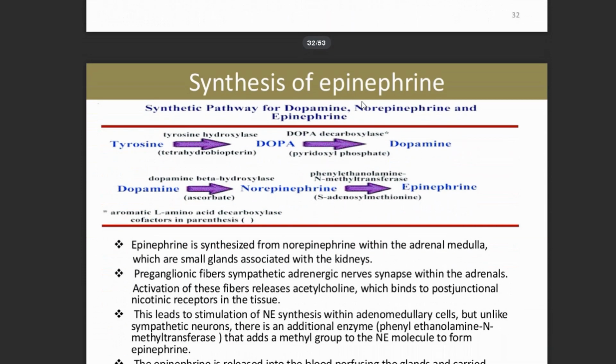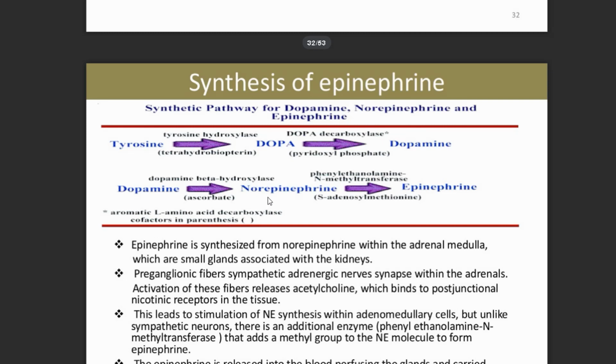Now, synthesis of epinephrine. Tyrosine is converted into dopa by the tyrosine hydroxylase enzyme, and dopa is converted into dopamine by dopa decarboxylase. Again, this dopamine will convert into norepinephrine by dopamine beta hydroxylase, as we learned in the earlier slide.